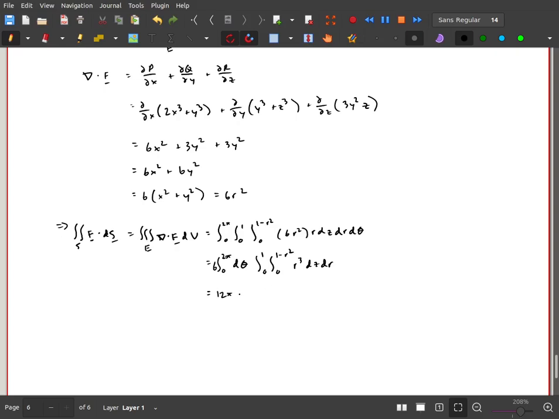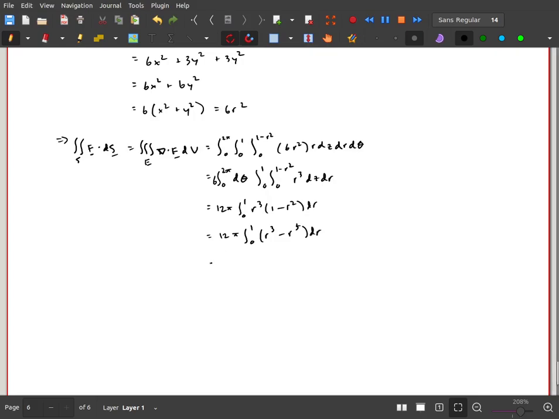Integrating with respect to z first, that gives me the integral from 0 to 1 of r cubed times 1 minus r squared dr. So that is 12 pi times the integral from 0 to 1 of r cubed minus r to the 5 dr. Integrating, that's 12 pi times r to the 4 over 4 minus r to the 6 over 6 from 0 to 1.